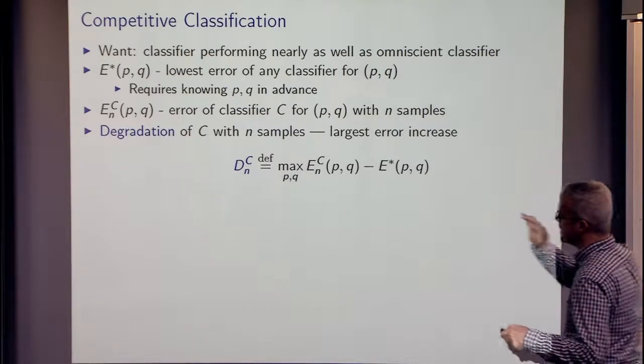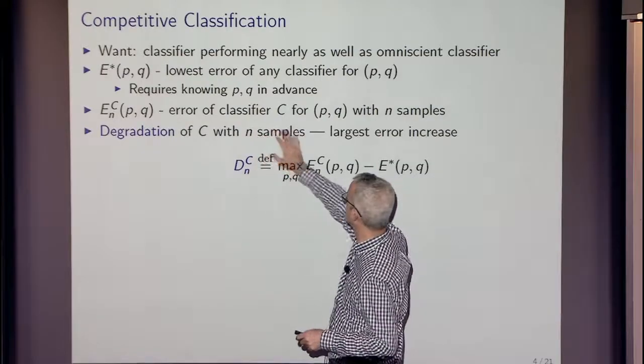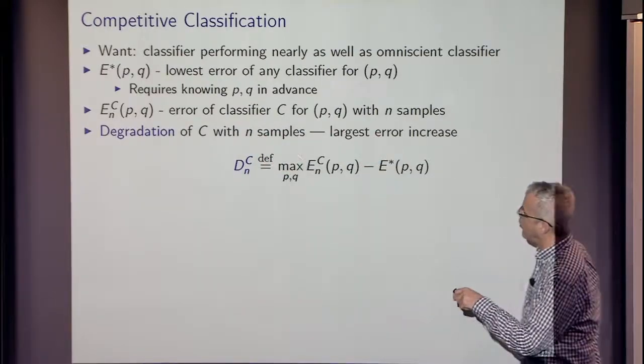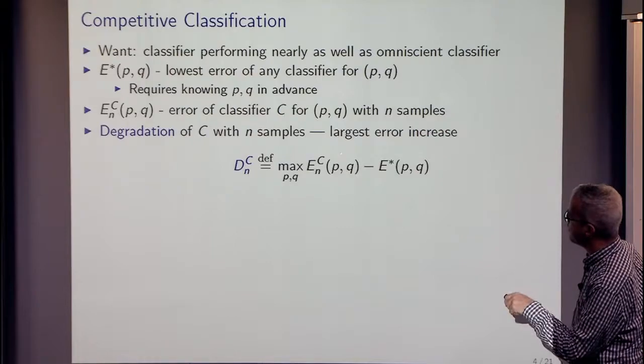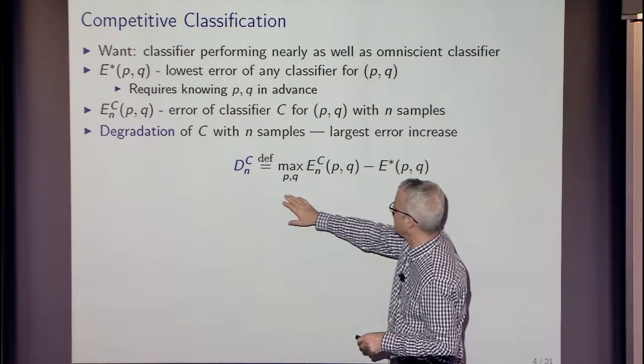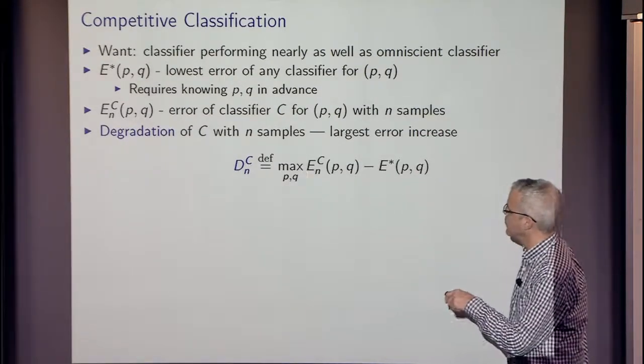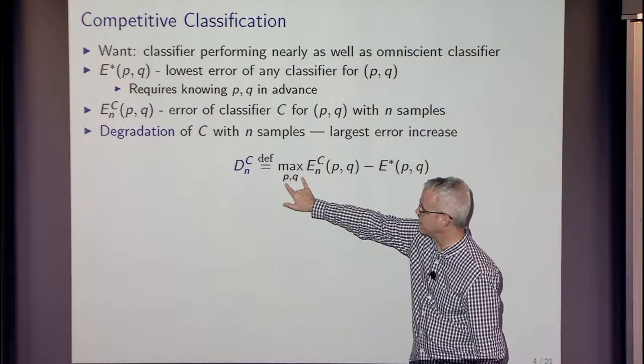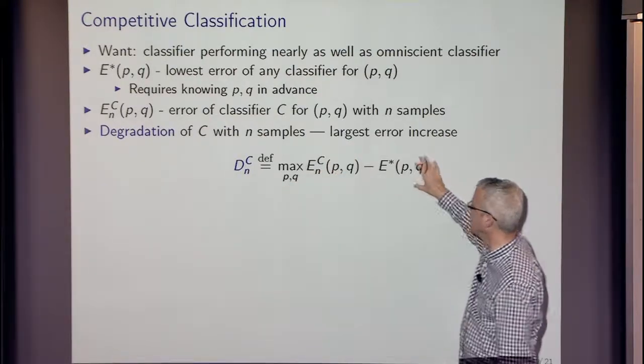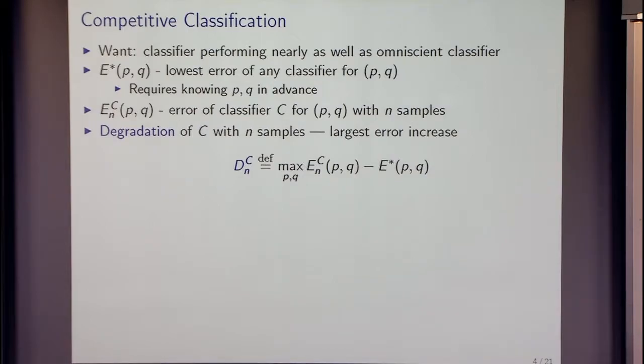And you can define the degradation of the classifier with n samples to be the largest error increase. So it's the maximum over all distribution pairs P and Q of the error of this classifier minus the best error that you can do for these two distributions. Is that clear?